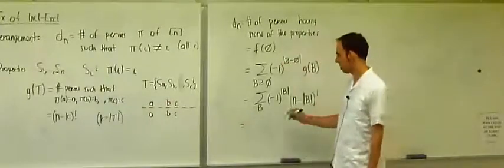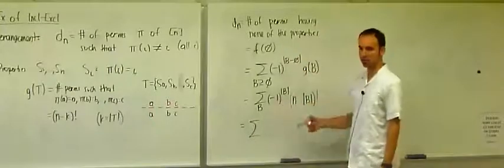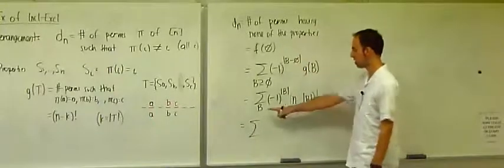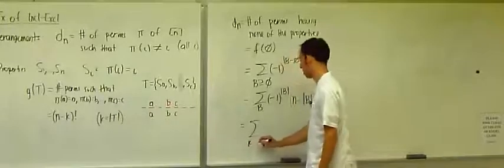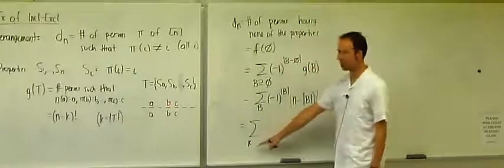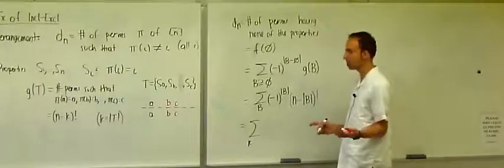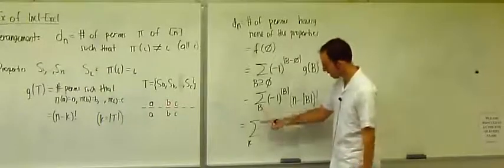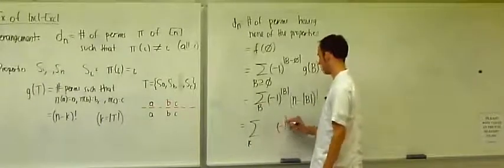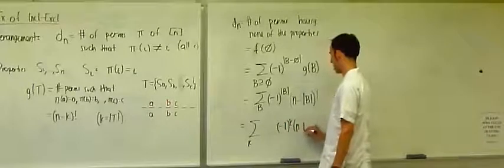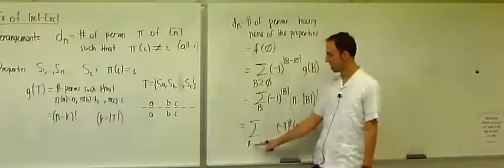Now, what we can do is sum these by cardinality. So how many b's have size k? We're looking at all the subsets. If b has size k, then it contributes minus 1 to the k times n minus k factorial. And how many sets b have size k?